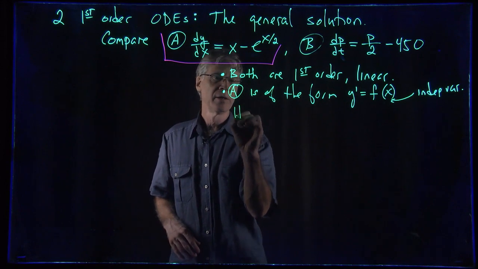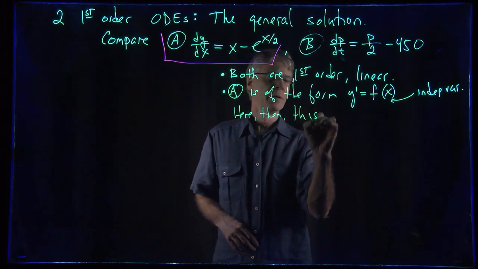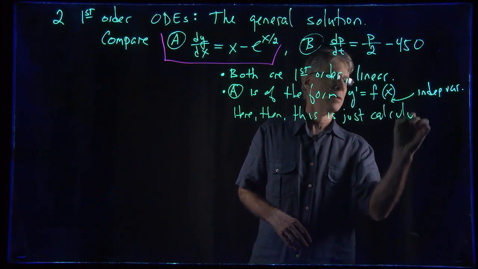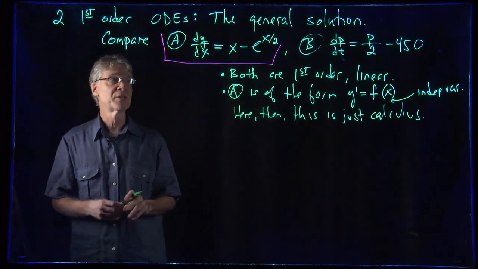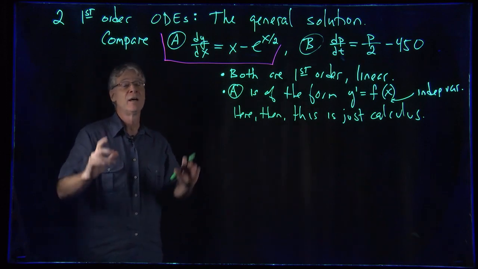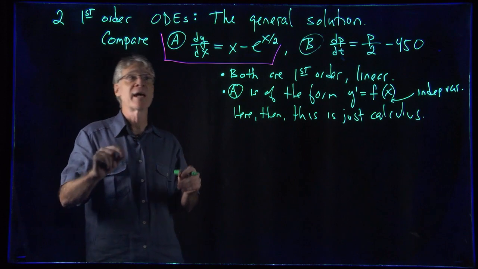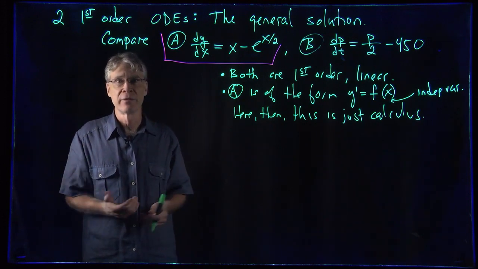This is just first semester calculus. In essence, this differential equation is telling us to find a function y whose derivative is x minus e to the x over 2. So you're finding the antiderivative.